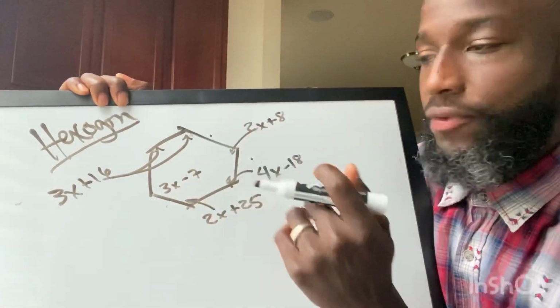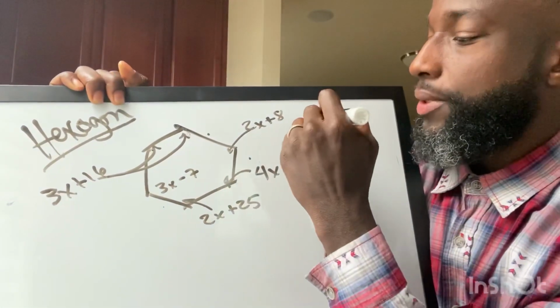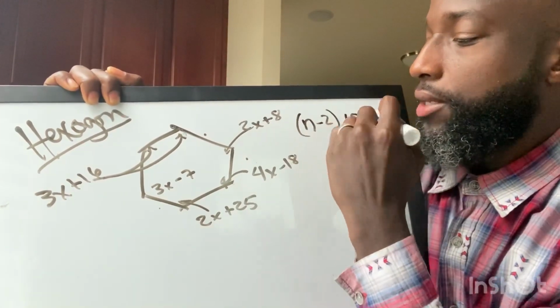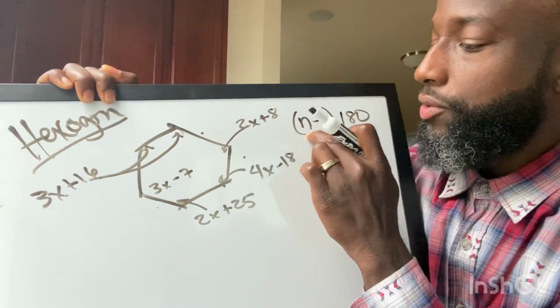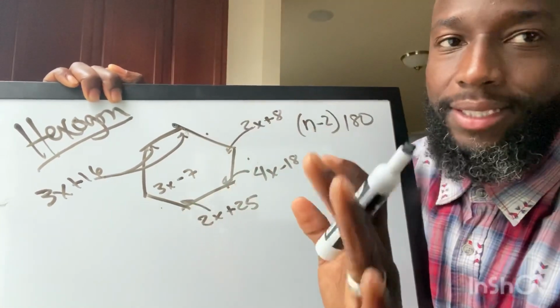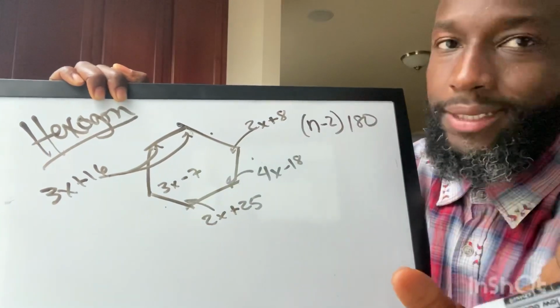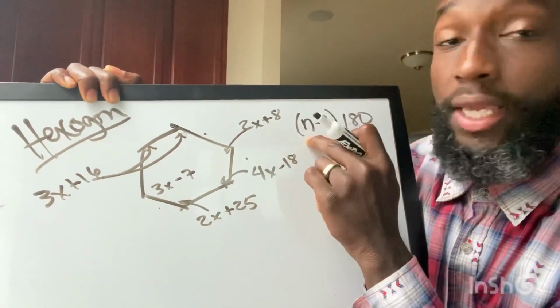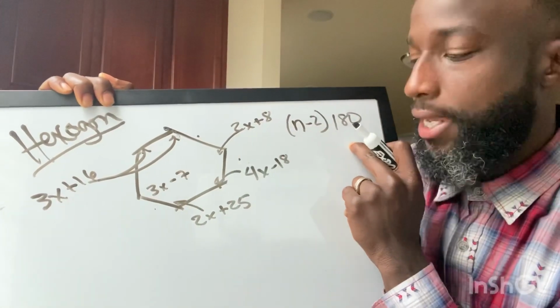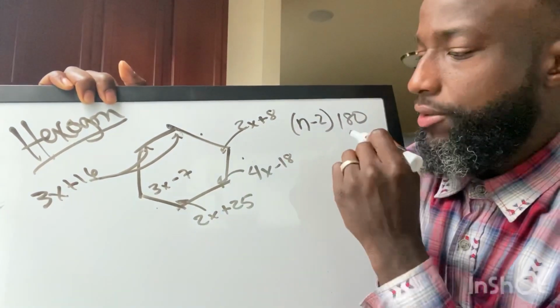To find the sum of the interior angles, you will use this formula, n minus 2 times 180. N minus 2 basically gives you the number of triangles within the shape, but that's not what we're focusing on. N represents the number of sides. So how many sides minus 2 times 180 gives you the sum of the interior angles.